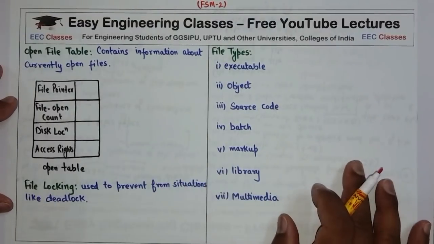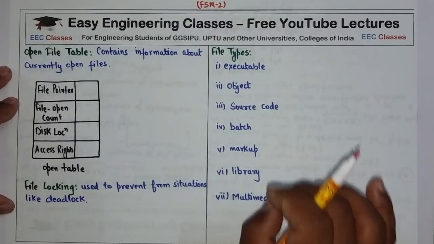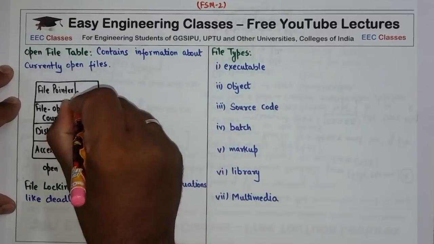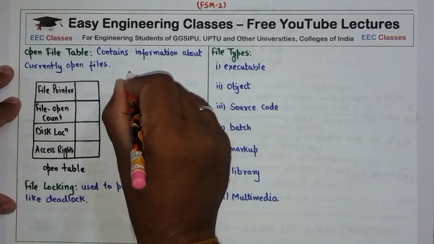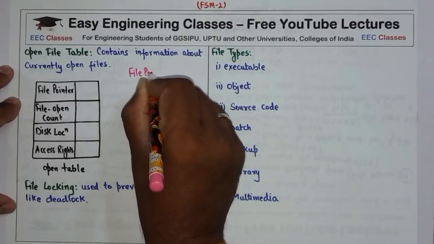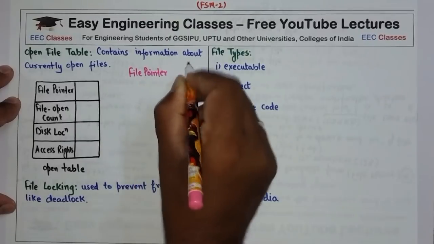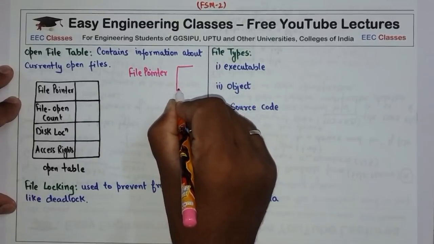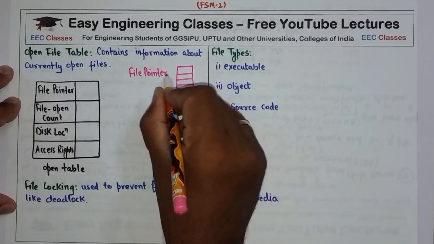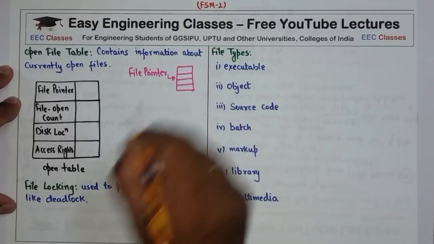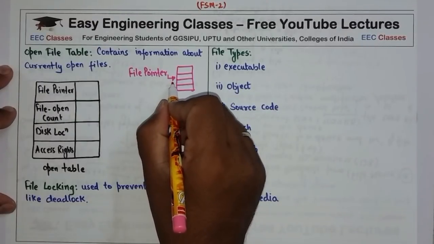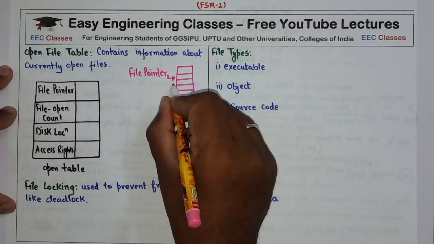So what is this file pointer? This file pointer records the current position in the file. For example, if we have a file like this, and currently the pointer is at this location, then by knowing the current location of the file pointer, we can access the next block.